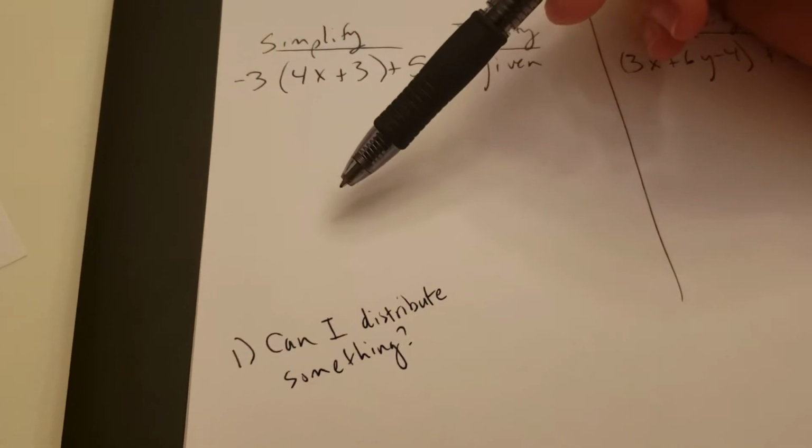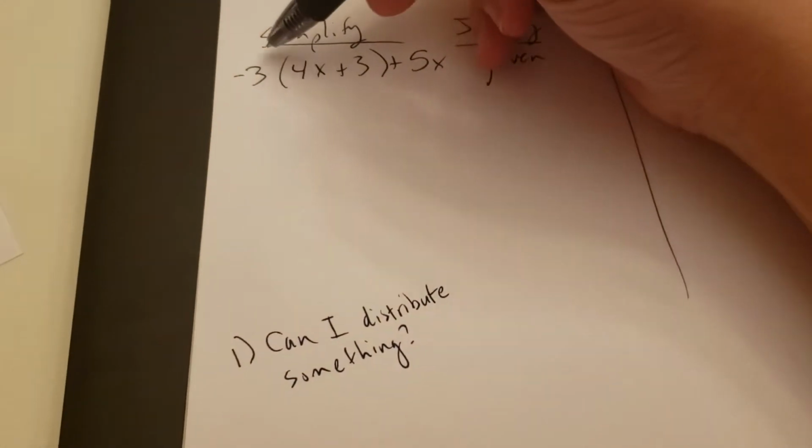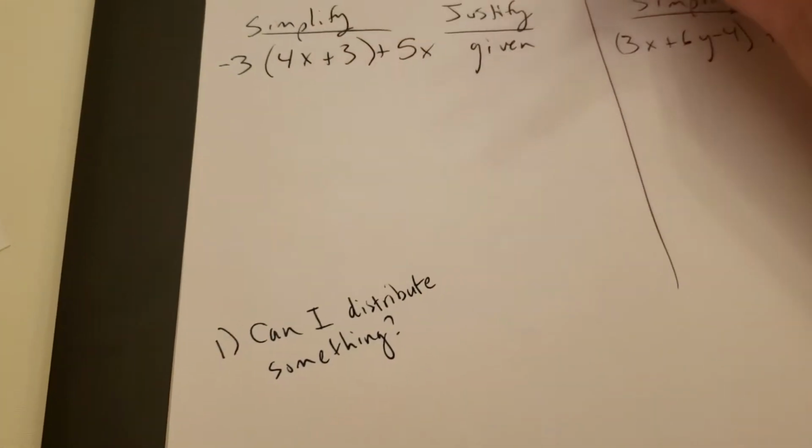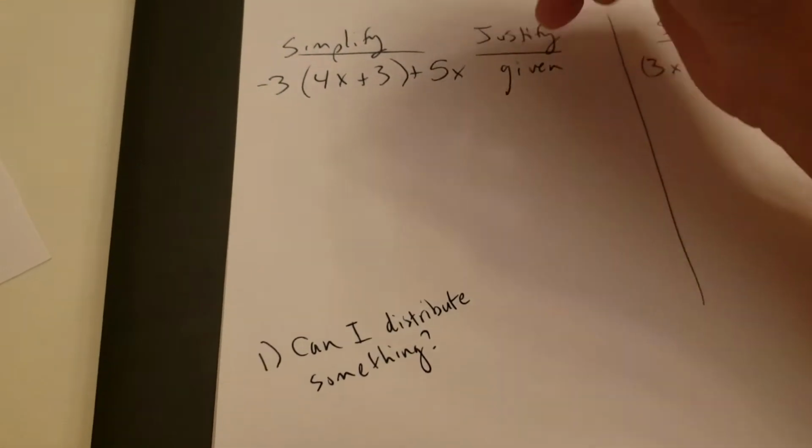Distribution is just multiplication. It's taking a multiplier outside times a sum and turning it into the sum of two products.